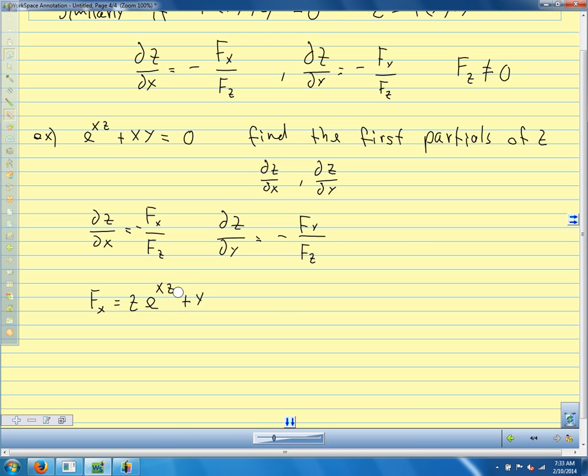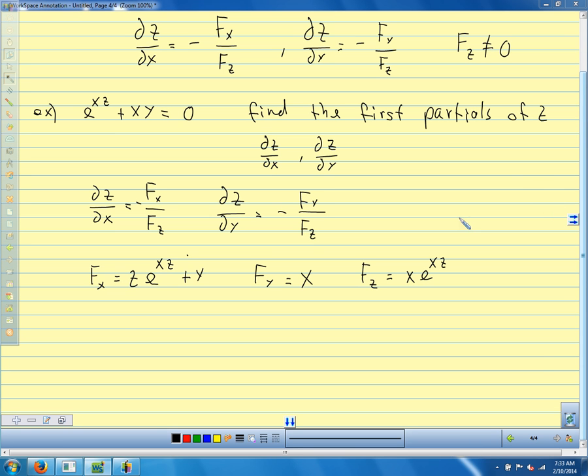The partial of f with respect to y is going to be x, and the partial of f with respect to z is going to be x e to the xz. And now I'm set. I just substitute these values in.